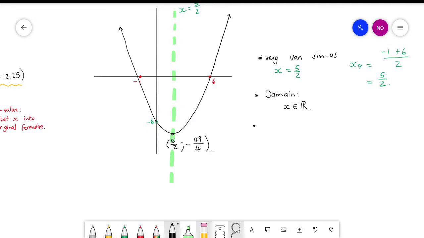En vind vir my die waardeversameling. Close? That's not completely correct, but it's close. Bigger or equal. Remember, the parabola exists on the turning point, né? Hy draai mos op die draaipunt, so hy bestaan daar.